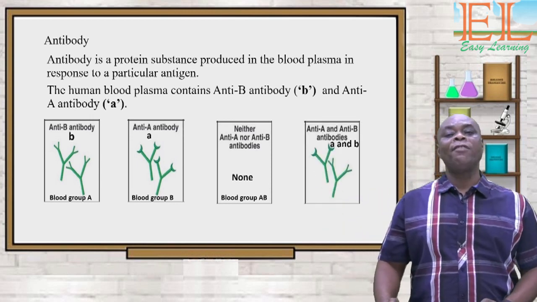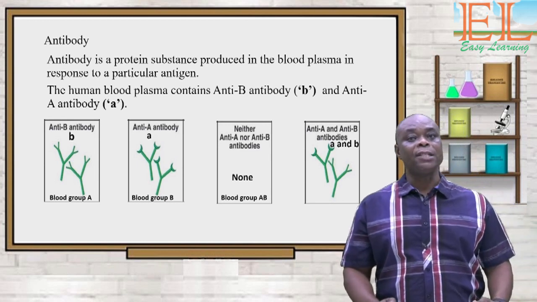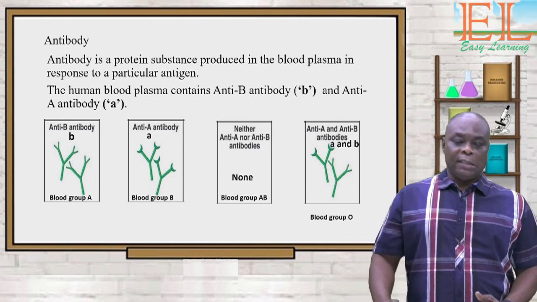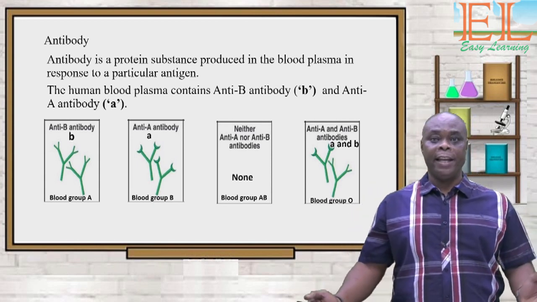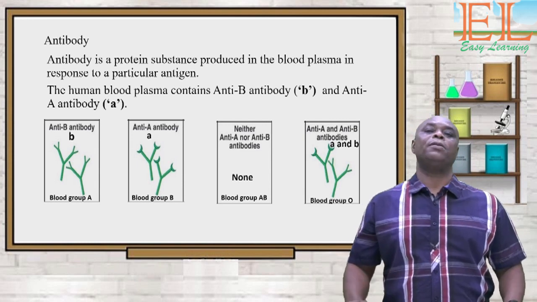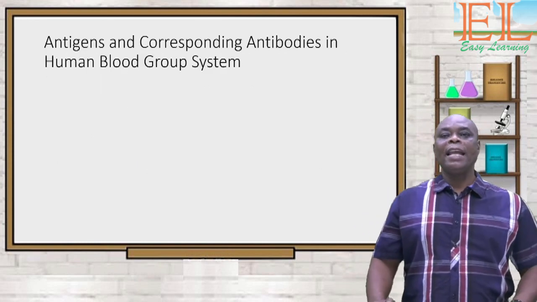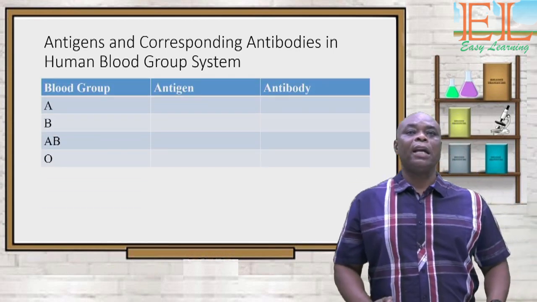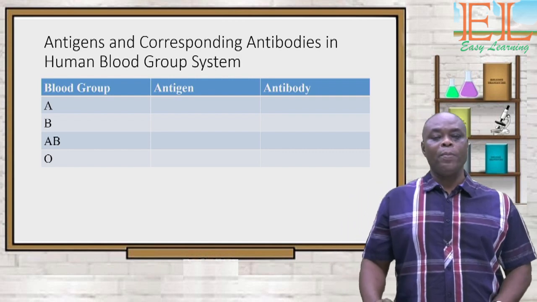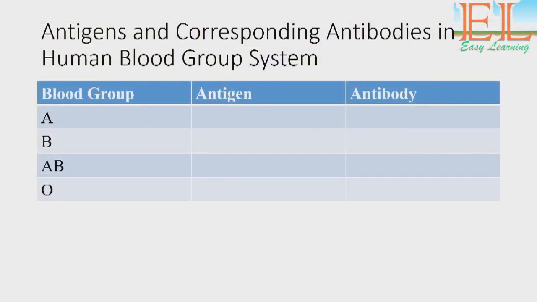Now let's see blood group O. For blood group O, they have both antibodies A and antibodies B. This is because they lack both antigens, and hence there will be no conflict there with the antibodies. Now with this, let us see the antigens and the antibodies in the blood of humans. Let's come to this table. The first column is blood groups, and blood group A has antigen A and antibody small b.